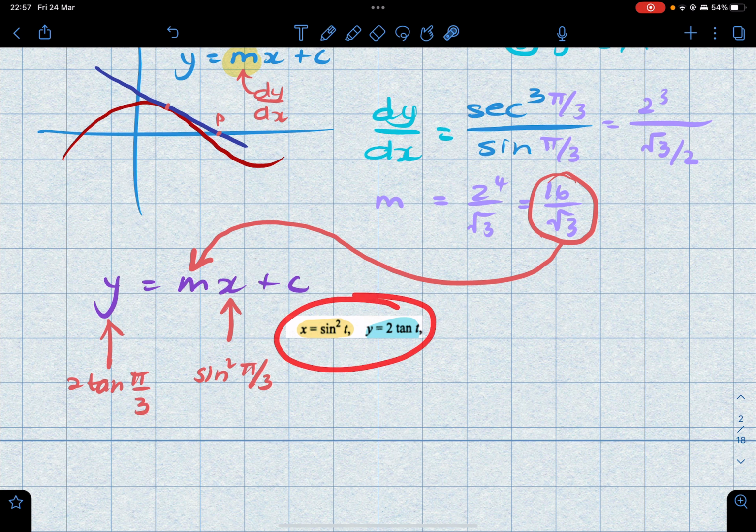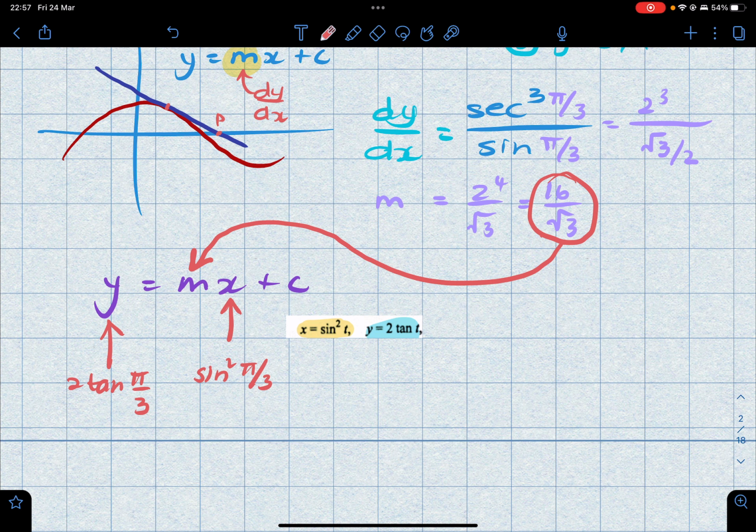So I'm just using that formula. Sine pi over 3 is root 3 over 2.